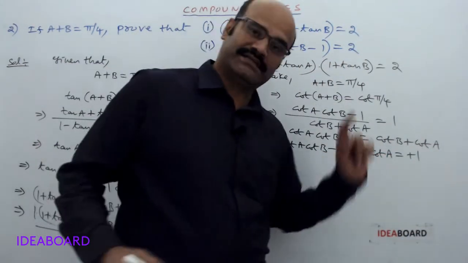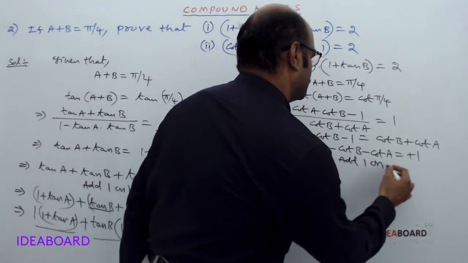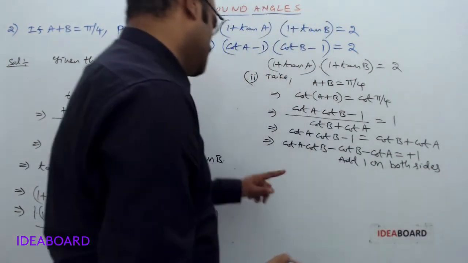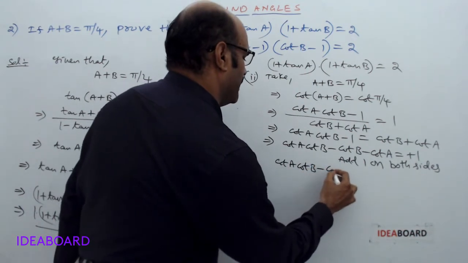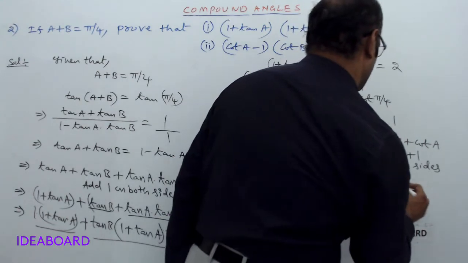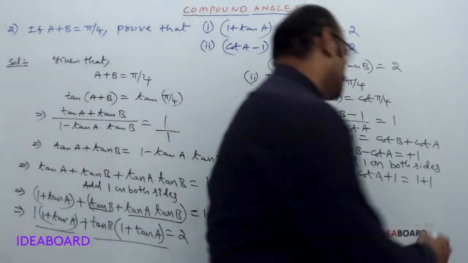Add 1 on both sides. We get cot a cot b minus cot b minus cot a plus 1 equal to 1 plus 1. 1 plus 1 equal to 2.